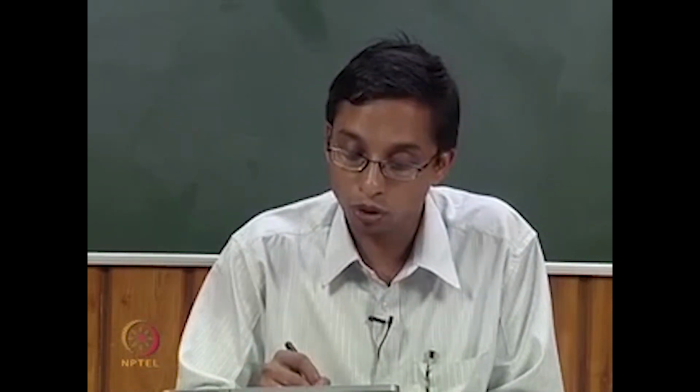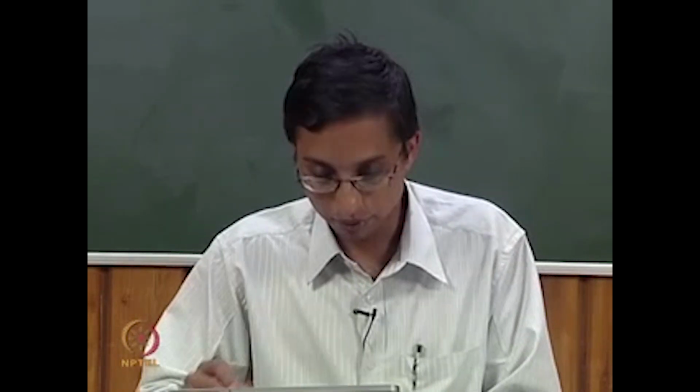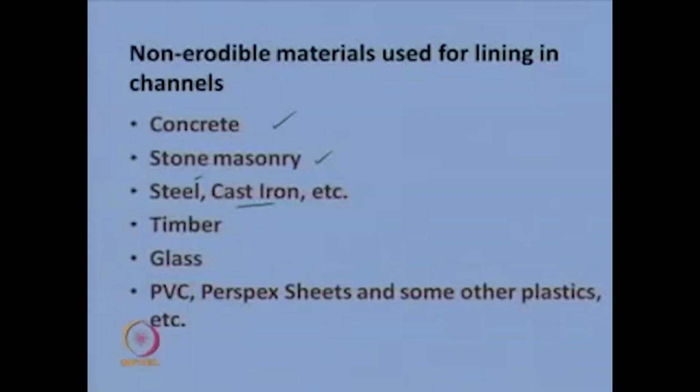You can also use steel or cast iron, various materials like that, which do not erode in water. You can also use timber; a good seasoned timber is quite resistant to erosion and also carries enough water. So, timber is also used in lining of channels.